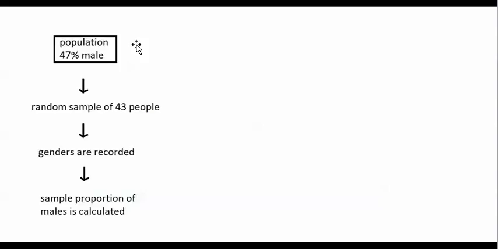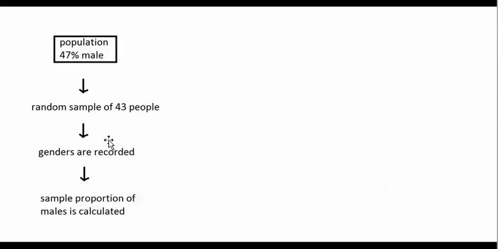We're imagining that a certain population is 57% male, and that a person wants to know what percent of this population is male. The person takes a random sample of 43 people from the population, records their genders, and then calculates the proportion of the sample that's male to estimate the proportion of the population that's male.